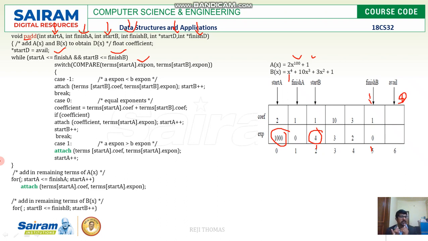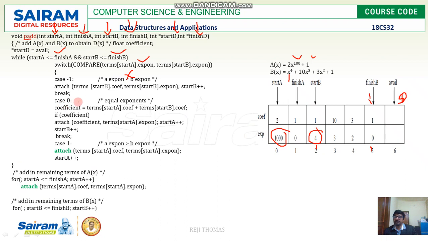Either A's exponent value is greater than B's exponent value, or equal, or lesser. So case 1 says A's exponent is lesser than B's exponent. If you take this case, A's exponent value is greater than B's exponent, so it will not come to this case.